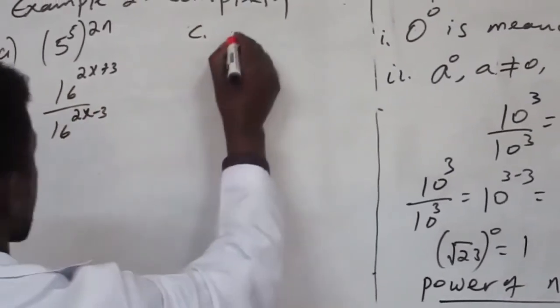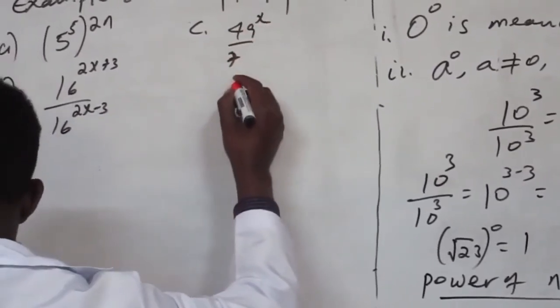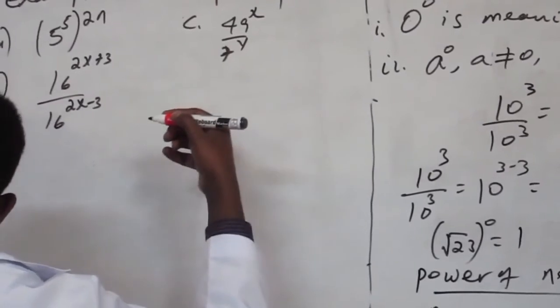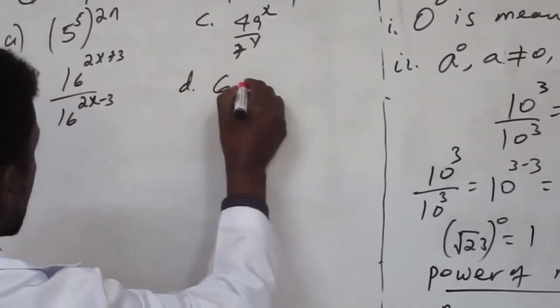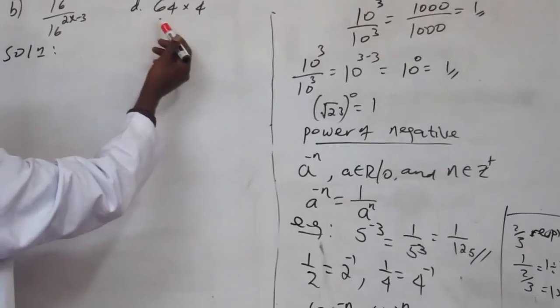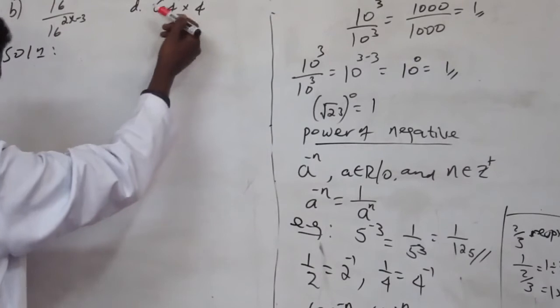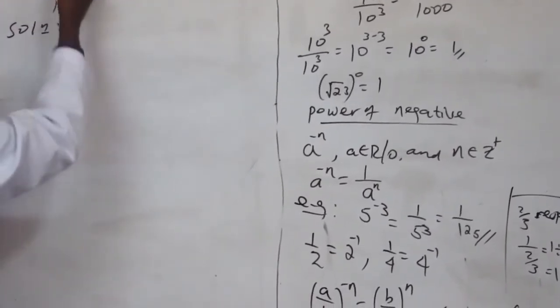C, 49 to the power of x over 7 to the power of y. And D, 64 to the power of a multiplied by 4 to the power of a. Let me see one by one.